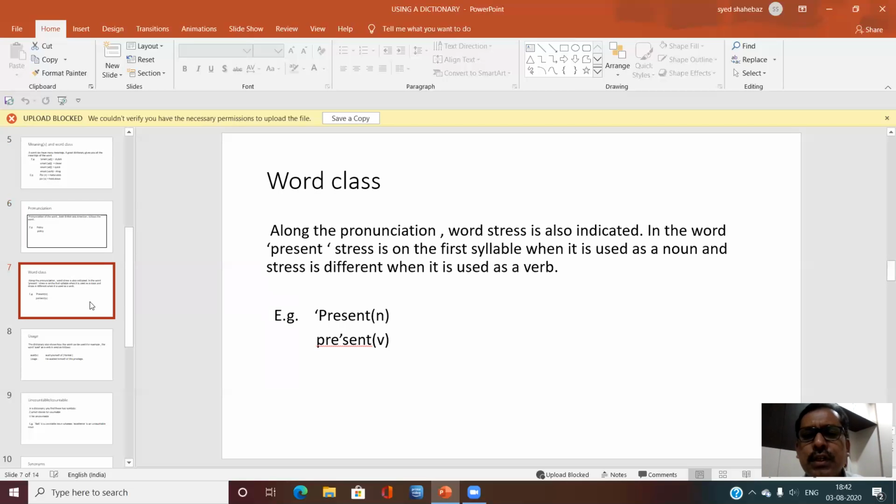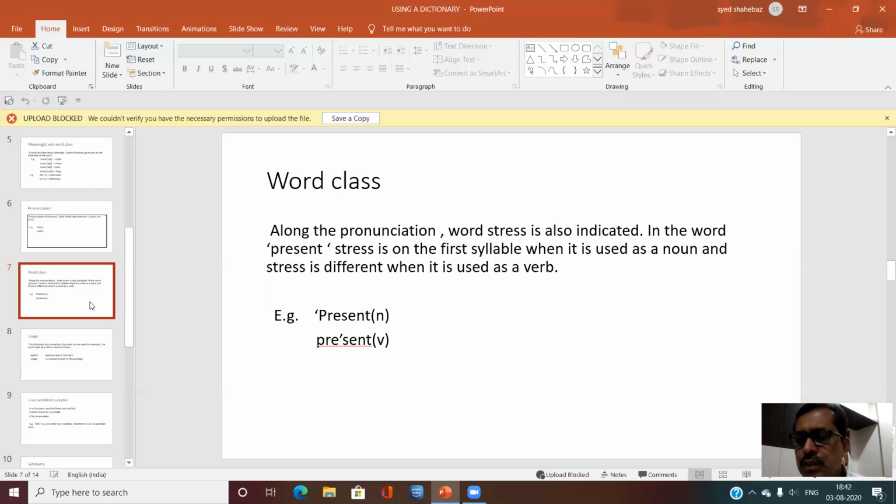Along with the pronunciation, word stress is also indicated. In the word present, the stress is on the first syllable when it is used as a noun, and the stress is different when it is used as a verb. The word present is used in the noun form and in the verb form.